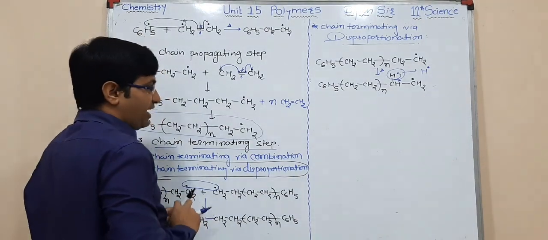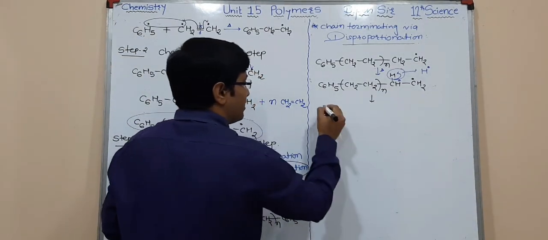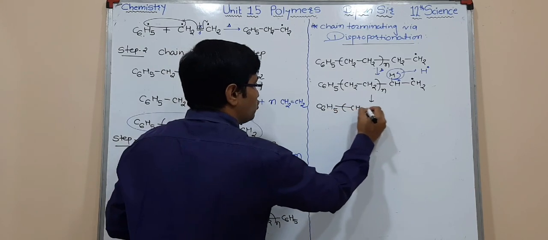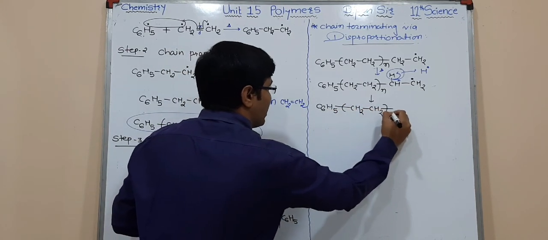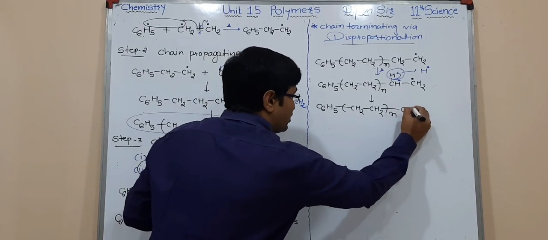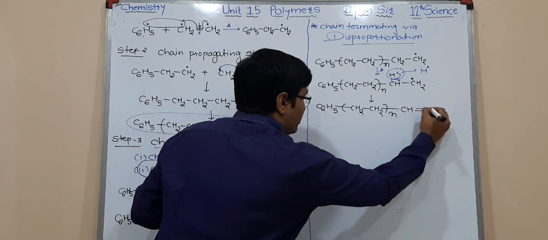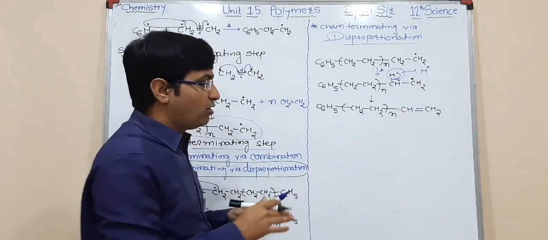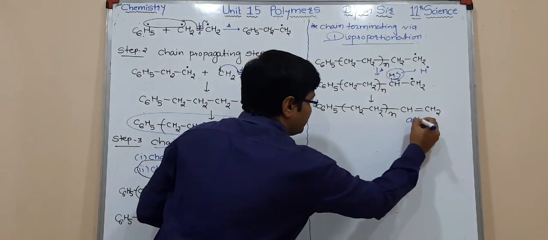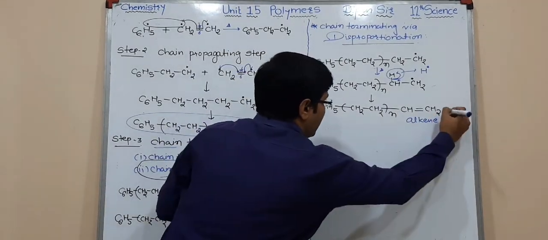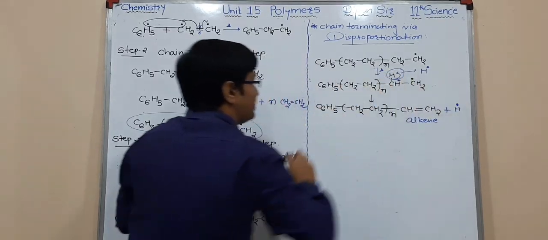So here we obtain C6H5 CH2 CH2 n times, now focus here, CH double bond CH2. So what we obtain here is an alkene, and hydrogen free radical is released.